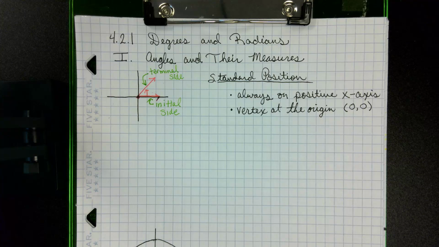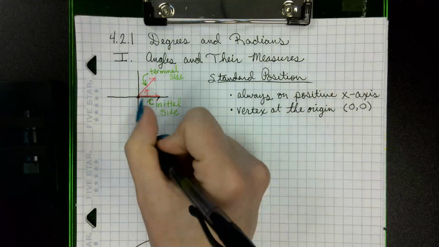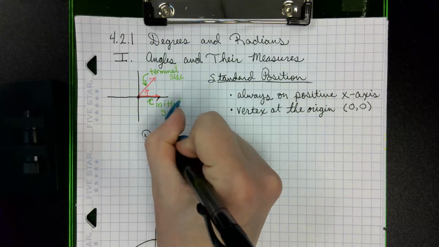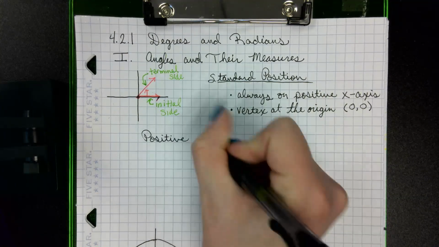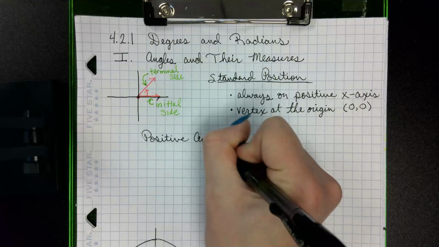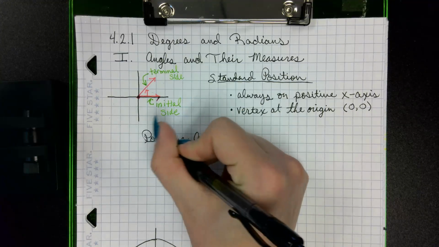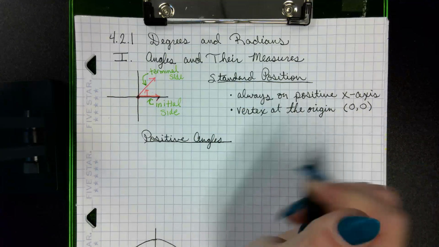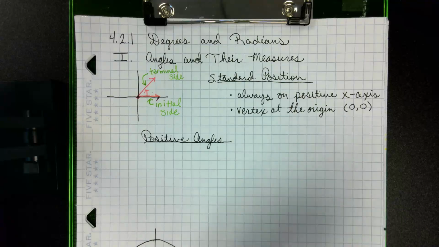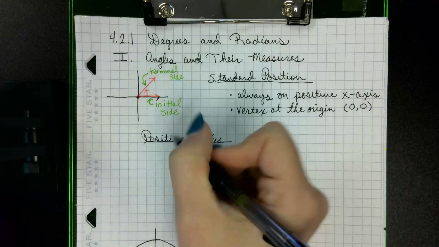So this angle is in standard position. And when in standard position, you could have a positive angle. Positive angles, their movement or rotation is in a counterclockwise direction, so opposite of the way a clock moves.